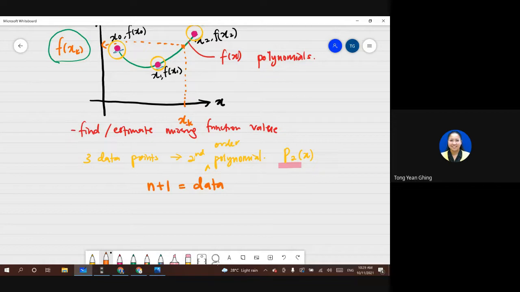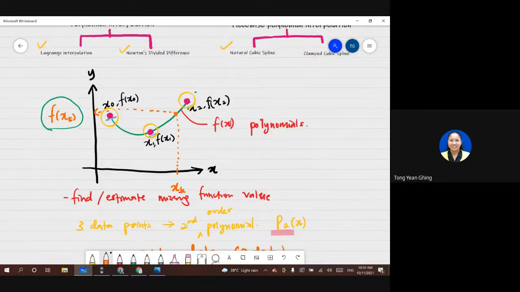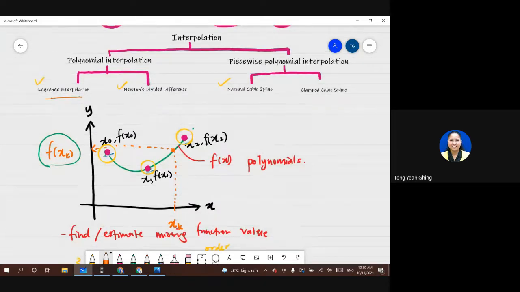So this one is a second order polynomial, and plus 1 because we have 3 data points for this example. Basically, we can find the polynomial that goes through all the data points using two methods: directly, that is Lagrange interpolation, or using Newton divided difference.